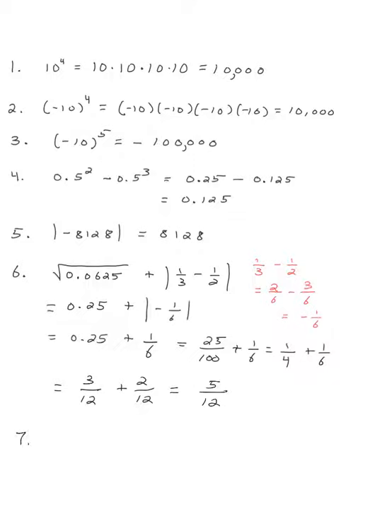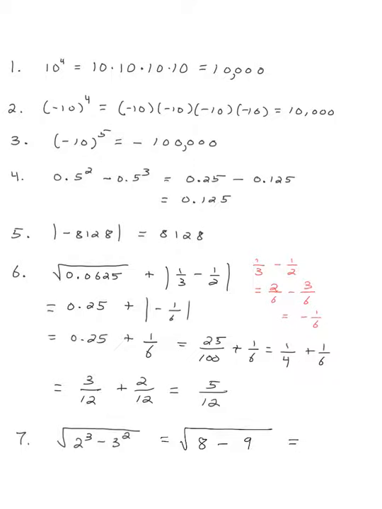For question 7, we have the square root of 2 cubed minus 3 squared. And this is a situation where before you actually apply the square root, I have to simplify what is underneath it first. So we know what cubed means. 2 cubed is 8, and 3 squared is 9.